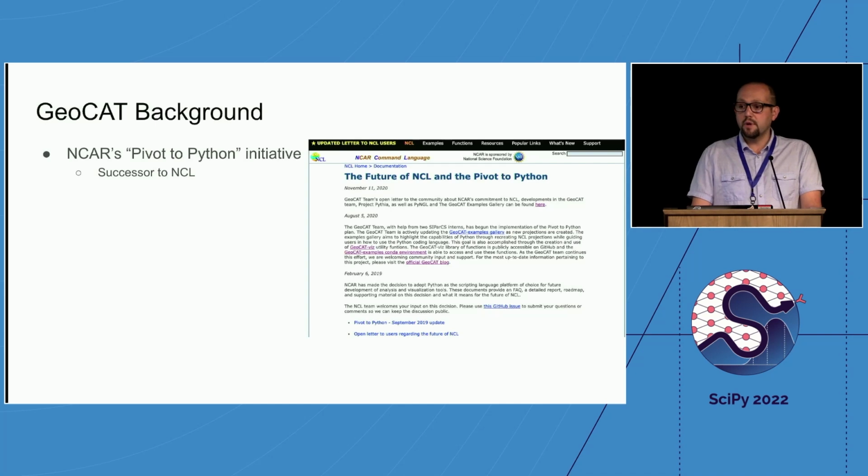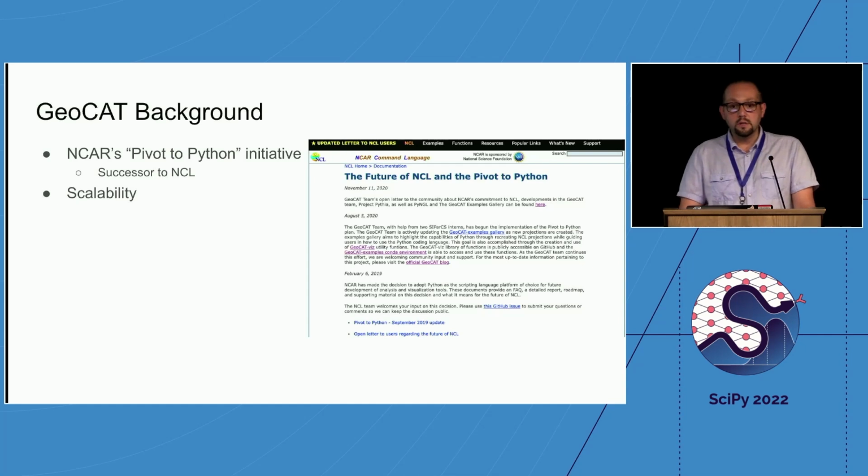But it was in Fortran, and there was not much scalability space for NCL, so there was a significant driving motivation for this Pivot to Python initiative, which was to develop tools for scalability in the scientific Python ecosystem.